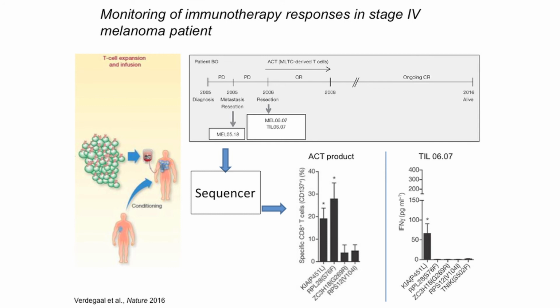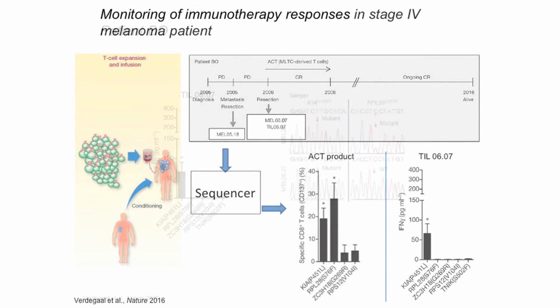The metastases from 2005 were collected from this patient, and those metastases underwent exome and RNA sequencing from which neoantigens were identified. And these were tested against the T cell product that was given back to the patient. This T cell product was obtained by incubating lymphocytes from the peripheral blood of the patient with a cell line that had been generated in 2005.